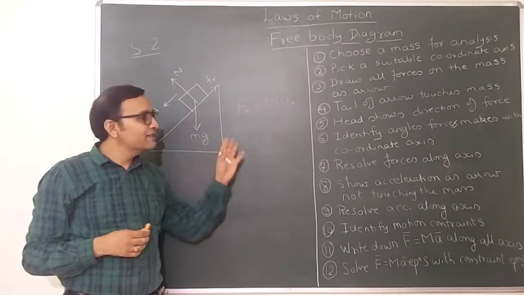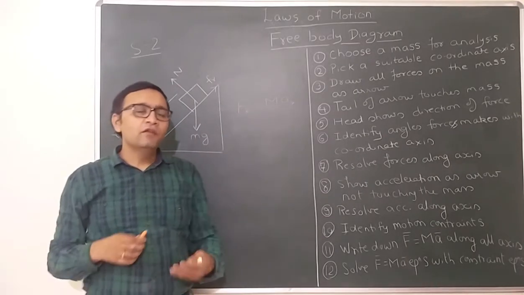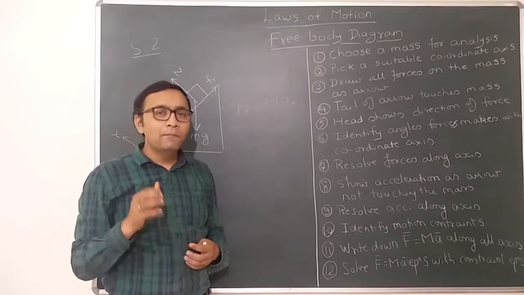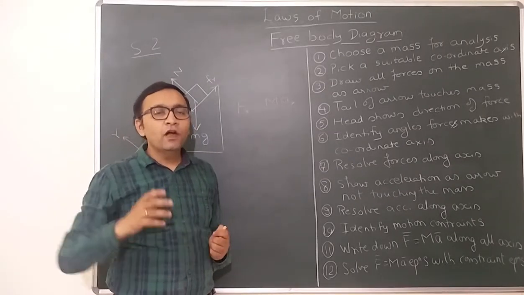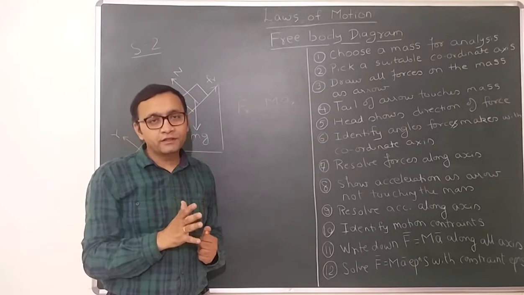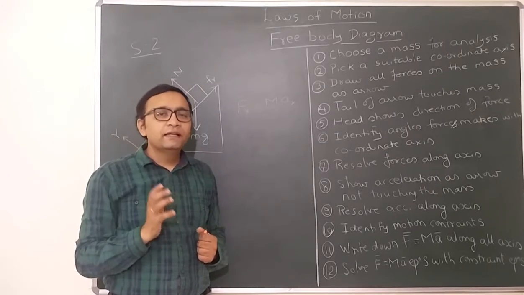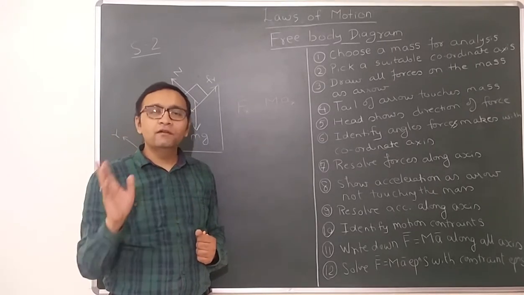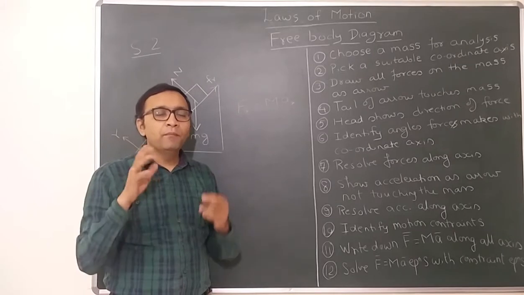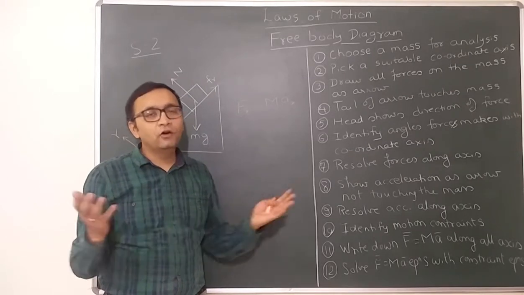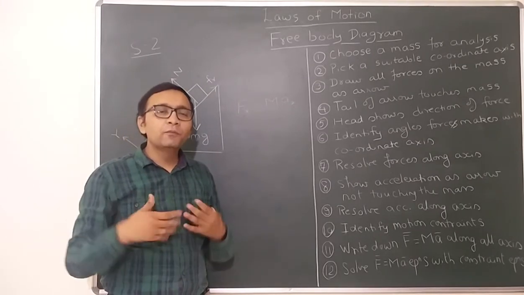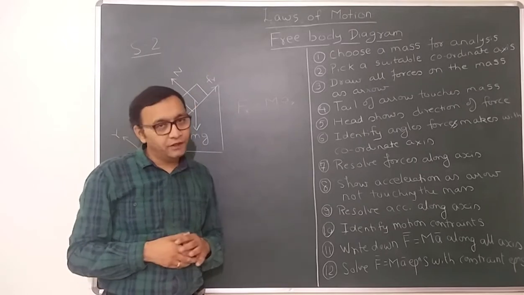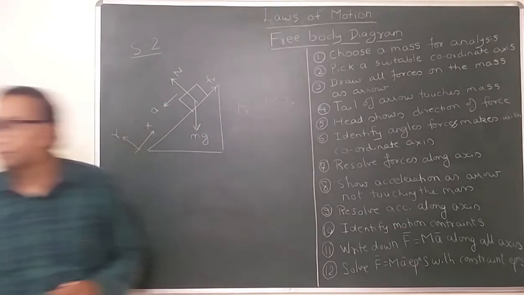This will be more clear as and when we solve more numericals, but remember that you have to pick those coordinate axes for which many of the acceleration and force vectors are already along those axes. Then it will be comfortable for you to solve the equations.